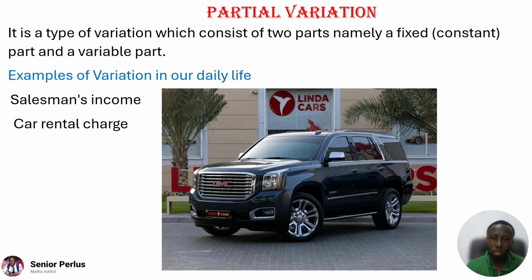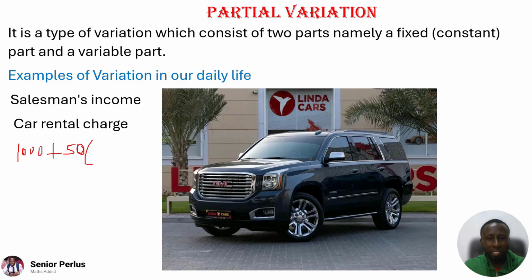They'll say, if you take a car from the garage, it's 1,000 Ghana cedis. That's the fixed amount for taking the car from the garage. Then for a day, it is 50 cedis.